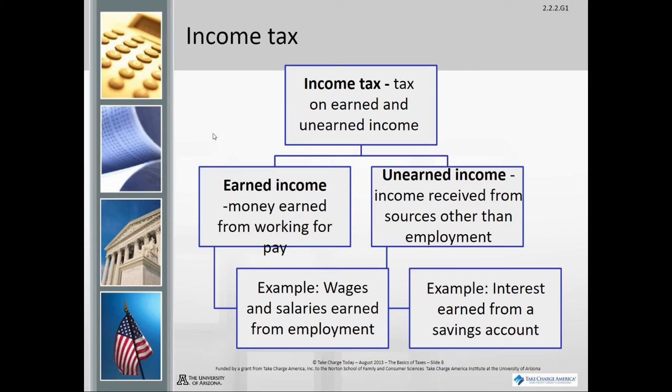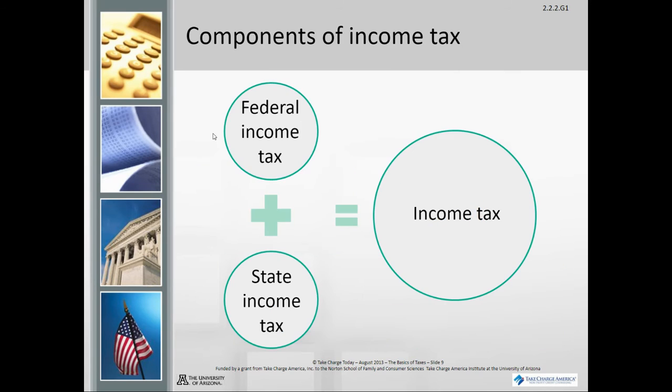Unearned income is income that you're receiving from other sources. So that could be interest on an account, it could be dividends from stocks, it could be government aid, an inheritance, anything that you're not actually physically working for, like hourly wages or anything like that.